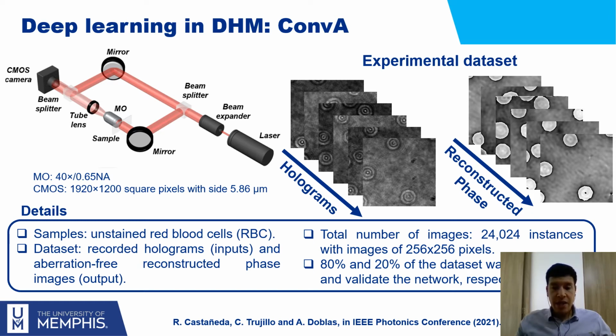And by using a traditional deterministic way of reconstructing all of them, we obtain their corresponding compensated phase images. This is the actual dataset that was used and that has to be used when training this kind of models.